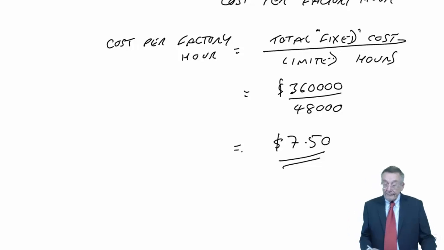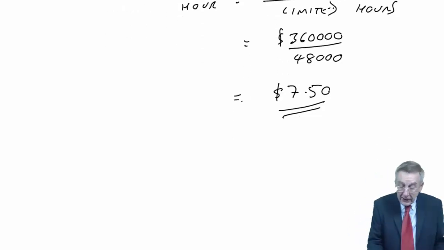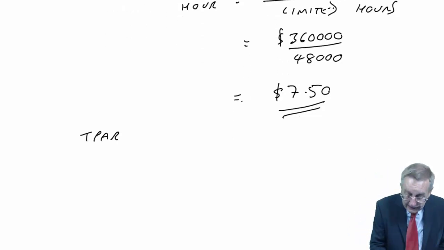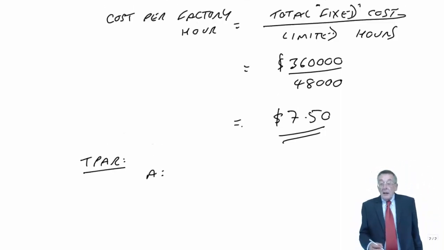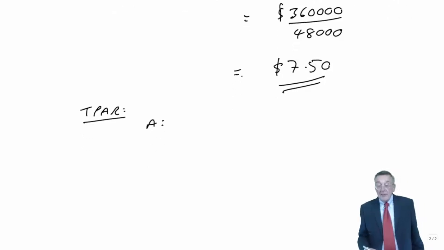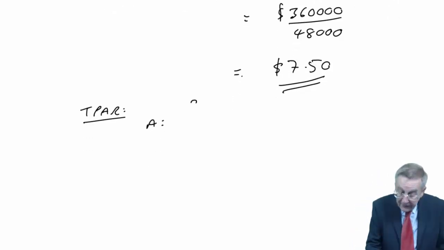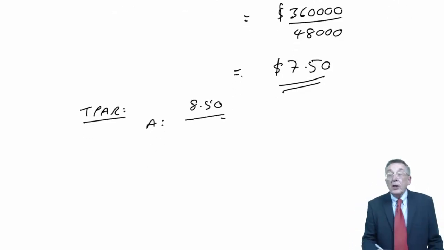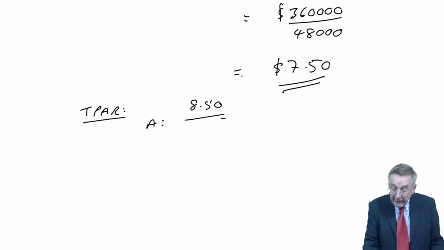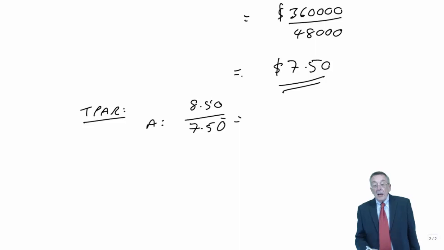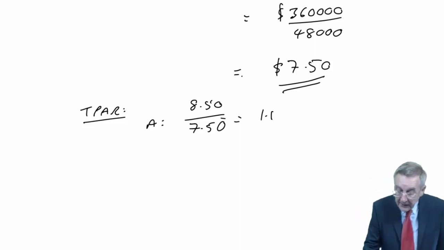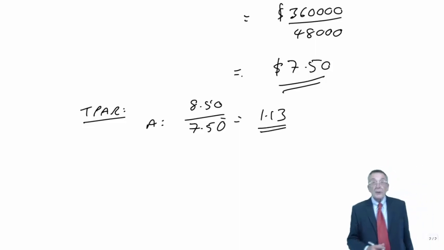And now we can get the throughput accounting ratio. For product A, if you look back, the return per factory hour was $8.50. The cost per factory hour is $7.50. And therefore, the ratio, if I leave it to 2 decimal places, is 1.13.